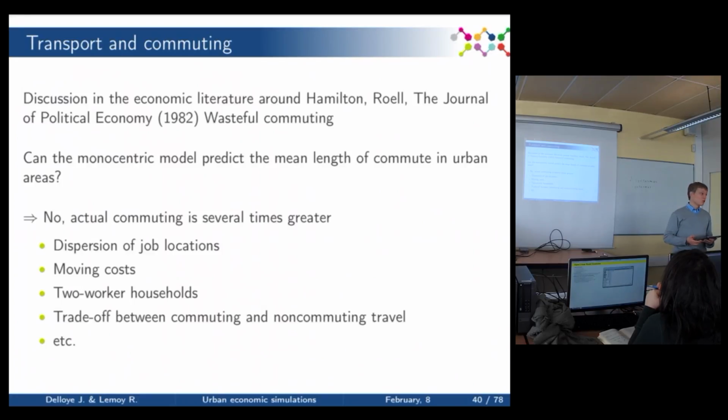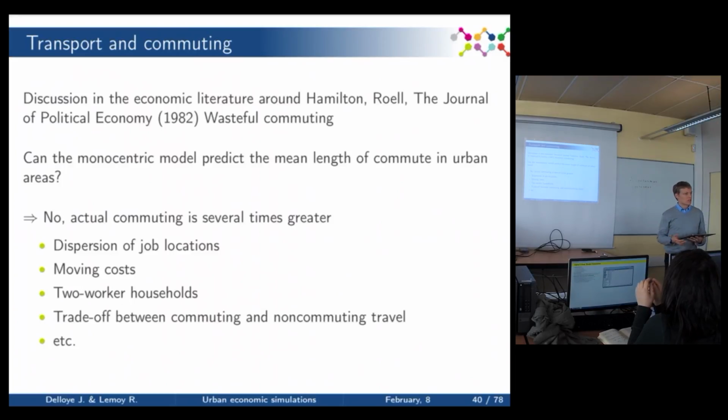There are two-worker households, of course, and even with children, so more constraints. If your partner is working in a certain place and you in another, maybe you would try to locate between both employment locations, so your commute would be a bit longer because of that.